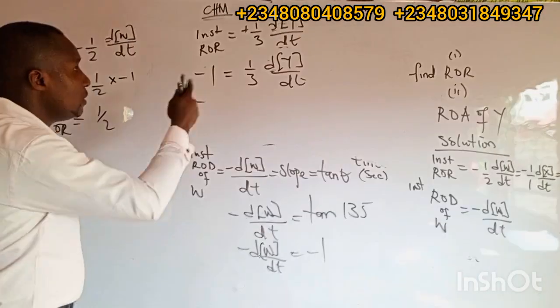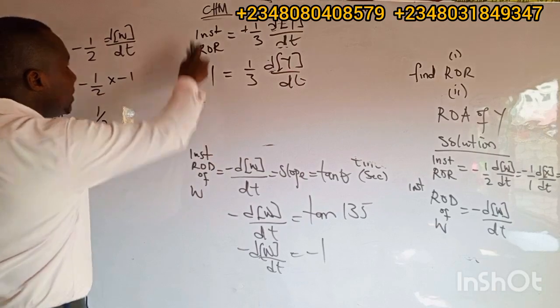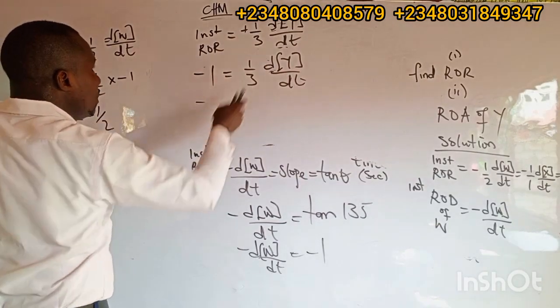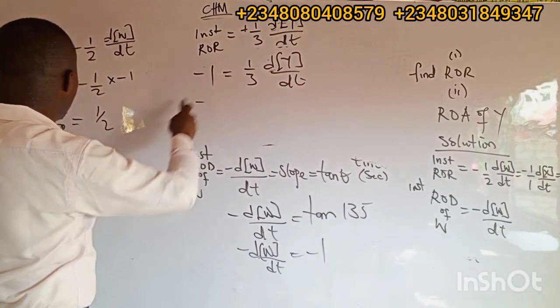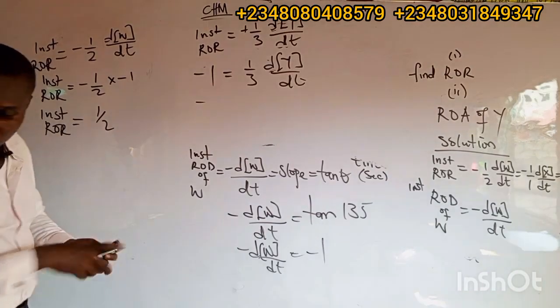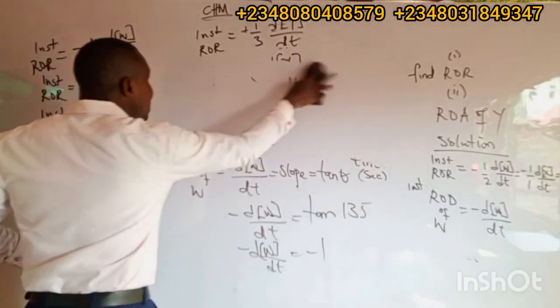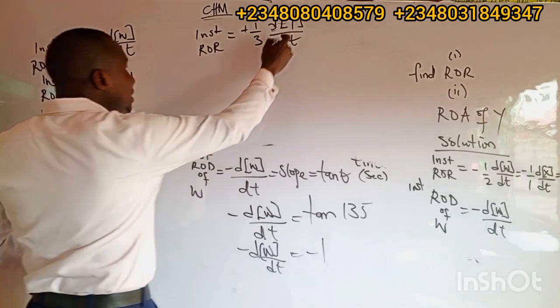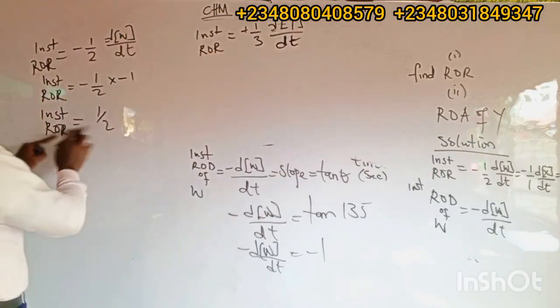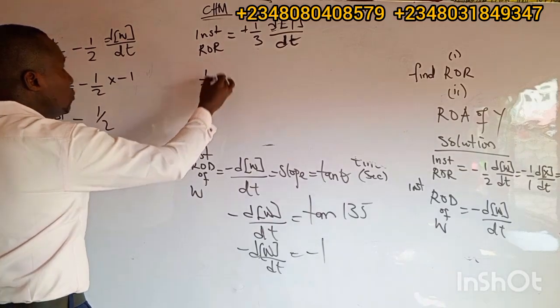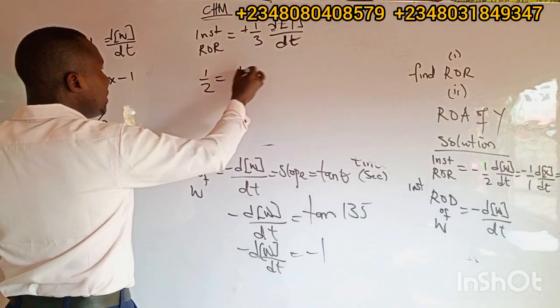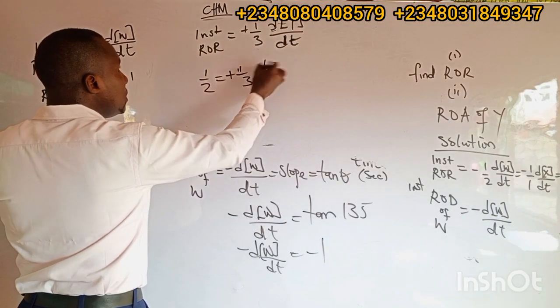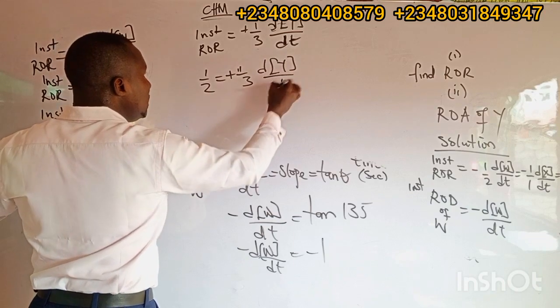The instantaneous rate of reaction is half. I'm sorry, I'm fast because of time. So 1/2 equals 1/3 dY/dt.